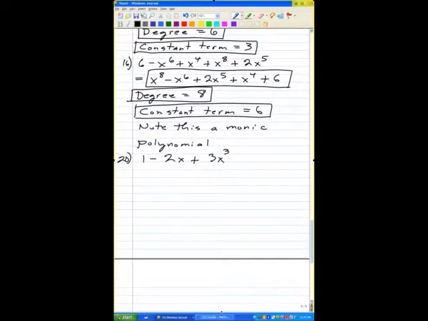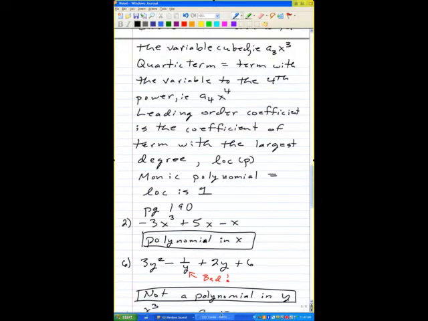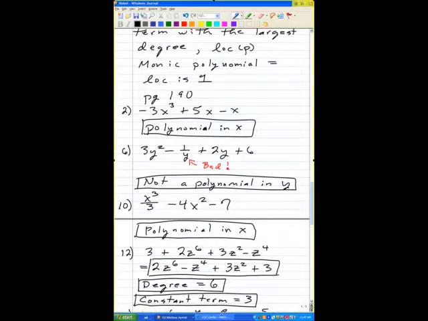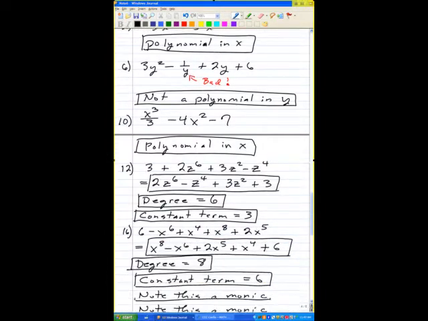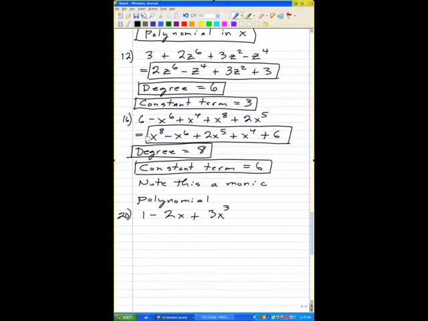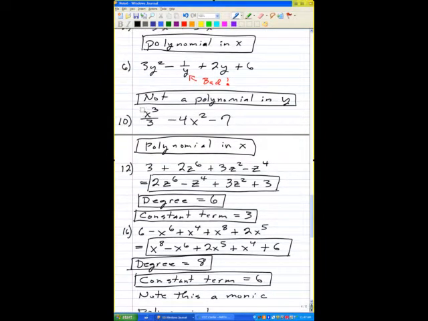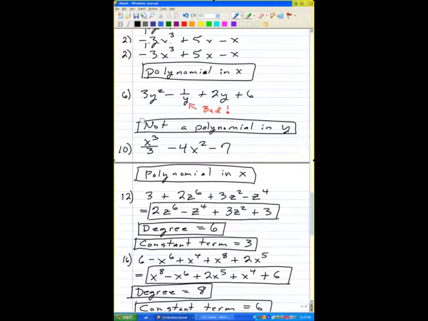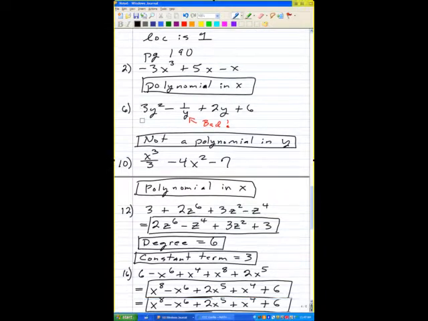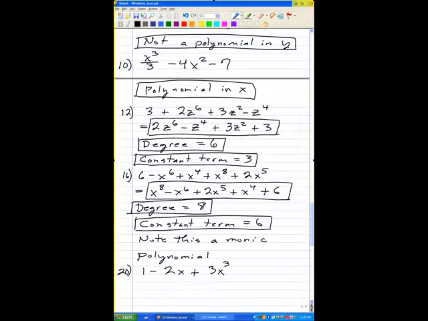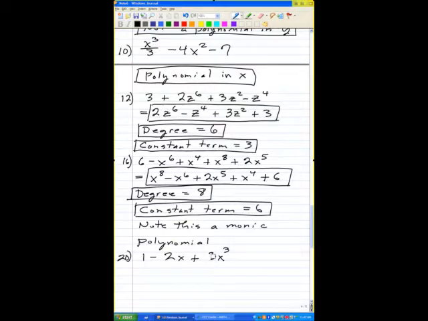Why monic? So remember, monic, let's go back to here. A monic polynomial is one where the leading order coefficient is 1, meaning I look at the number in front of the highest term. The number in front of the highest term is 1, therefore it's monic. This is not monic because the number in front of the highest term is 2. This is not monic because the leading order coefficient is 3.